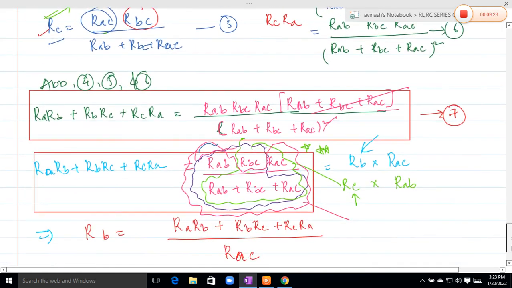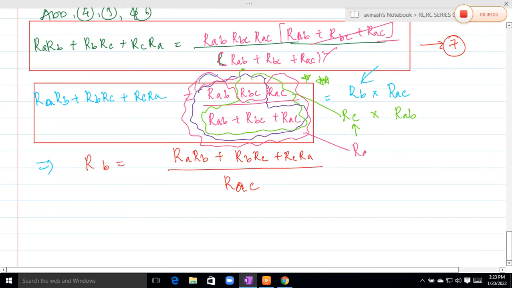AB into AC will be RA. So this pink will be RA into RBC. I hope you understand this point.